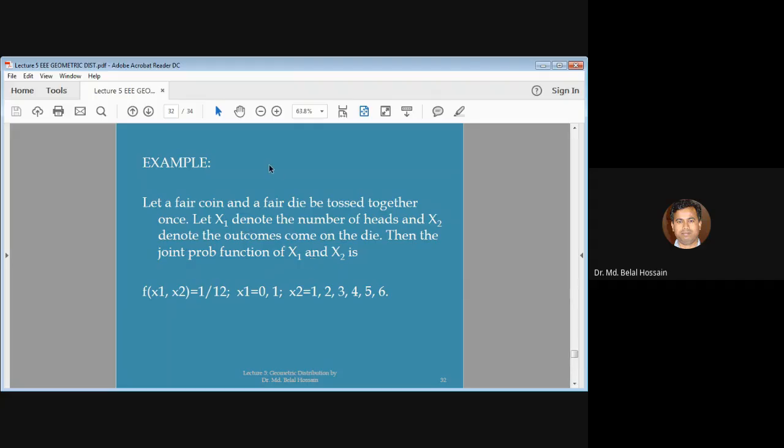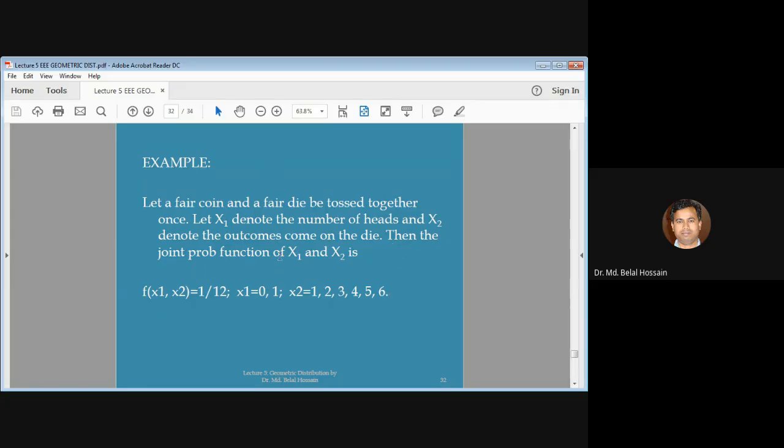So we are looking for the joint distribution. Okay, x1 যেটা কয়েন থেকে আউটকাম আসে, যদি আমরা হেডটাকে র্যান্ডম ভেরিয়েবল ধরি তাহলে 0 হতে পারে, 1 হতে পারে। আবার x2 যদি র্যান্ডম ভেরিয়েবল আউটকামস অফ দ্য ডাই তাহলে 1 থেকে 6 পর্যন্ত হতে পারে.